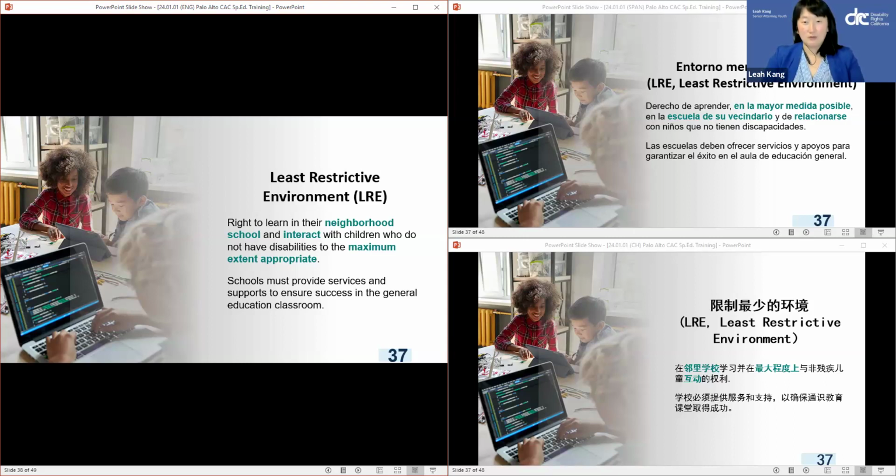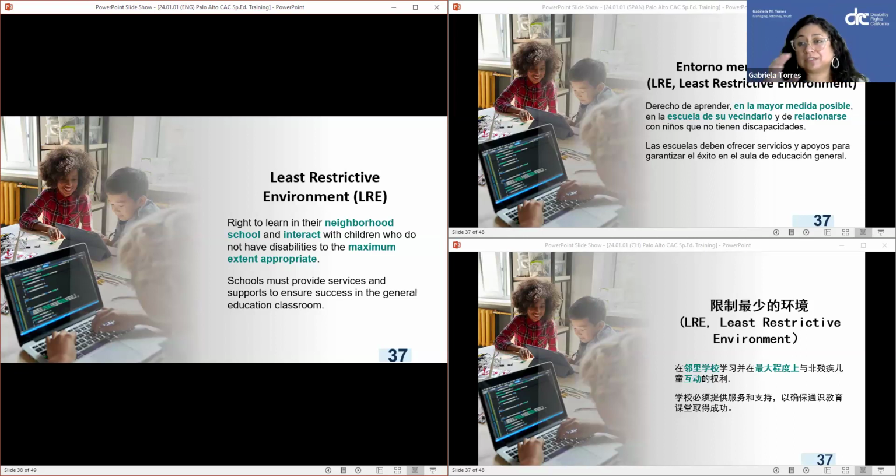It's also beneficial for the other students who may or may not have IEPs. So there's always this presumption of the least restrictive environment. And that does mean that schools have to provide the adequate supports and services to ensure that a student can be successful in that least restrictive environment. So we can go to the next.